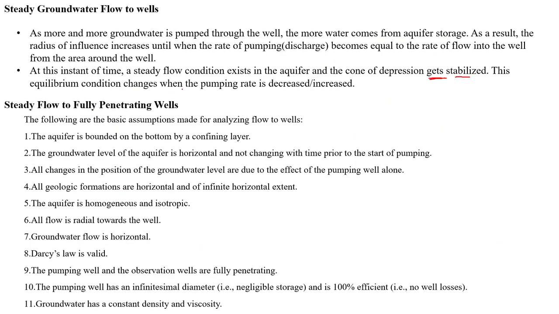This equilibrium condition will change if qt either increases or decreases. As long as we are maintaining this qt, the aquifer reaches steady flow, and capital Qt and the small qt will be equal. For modeling this particular steady flow, we made the following basic assumptions.